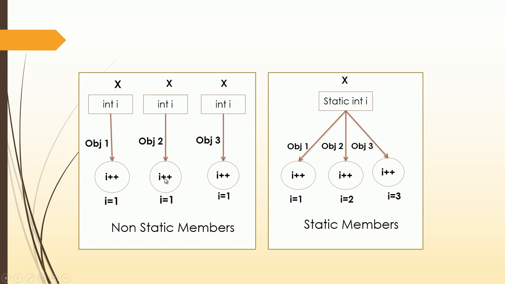The memory of object 2 is different, and the memory block of object 3 is also different. But whenever we use the static keyword, then when the first object is declared, this class immediately initializes I, and the same memory is utilized for all objects. Therefore, it is known as a global variable for all objects of the given class.